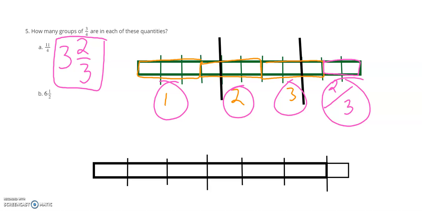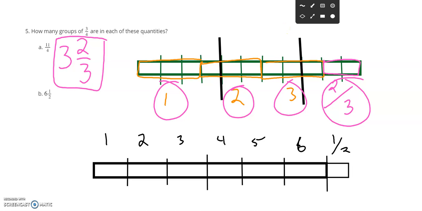We can draw in our wholes 1, 2, 3, 4, 5, 6, 6.5. We don't know how many 3/4, so we're going to split them up into fourths. Each whole will get 4/4.